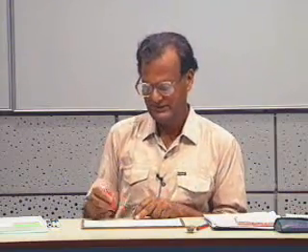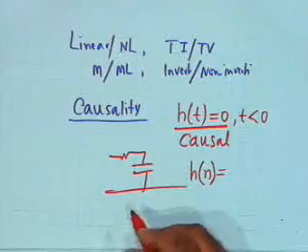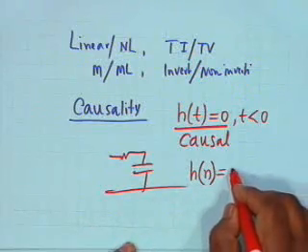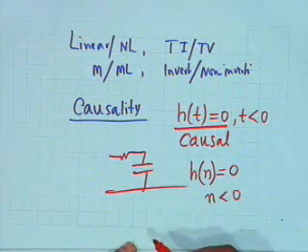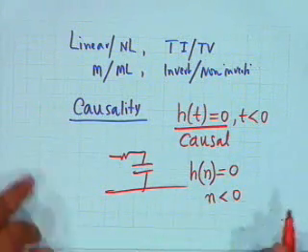So h of t can be non-zero for t greater than 0, but not for t less than 0, because the system cannot anticipate. In a similar manner, a causal discrete time system is characterized by the fact that h of n equal to 0 for n less than 0. So h of t or h of n also describes causality.